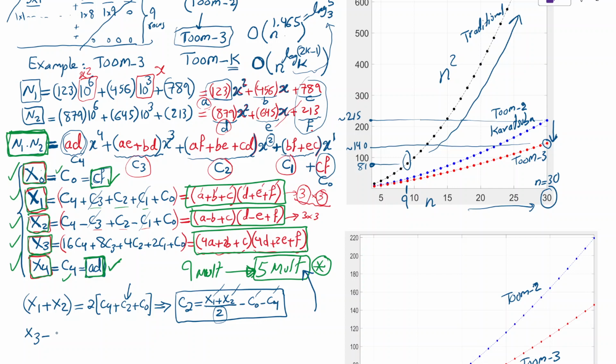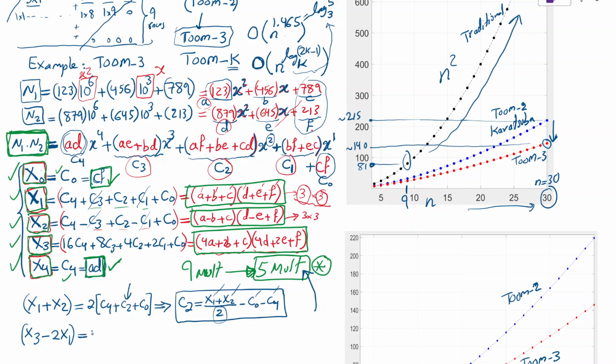For instance, I can say 2 times x1. If I compute this, again, I have x3 and I have x1 via the 5 multiplications that I did.